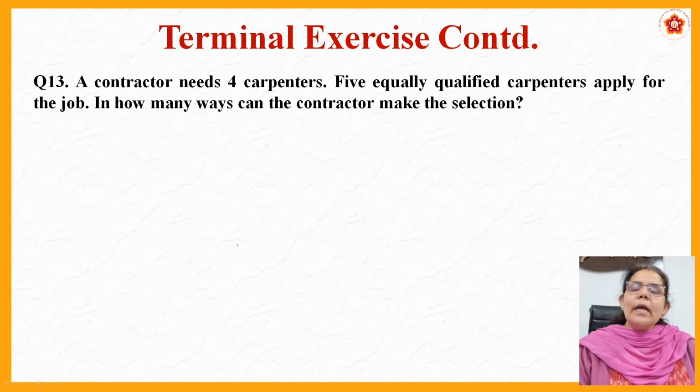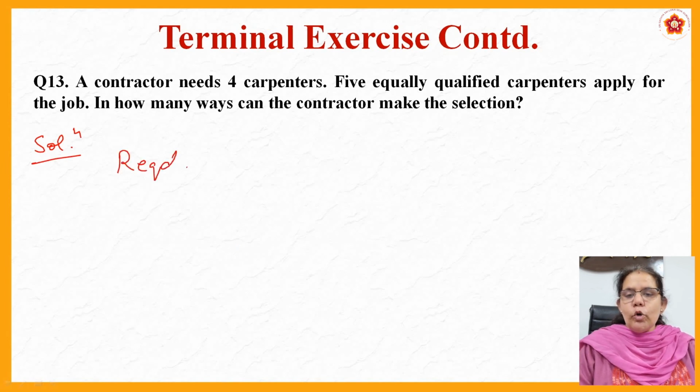Contractor is only one. Now that particular contractor has to choose 4 carpenters out of 5 equally qualified carpenters. So total number which is available for the contractor to choose is 5. Now out of those 5, he has to only choose 4. So if you look at it, it is a very, very simple question.